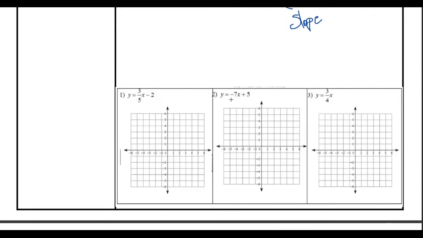Y equals negative 7x plus 5. So since this is in slope-intercept form, then I know that the number in front of x is going to be m, and the number behind x is going to be b. I can clearly see it's written in that format.